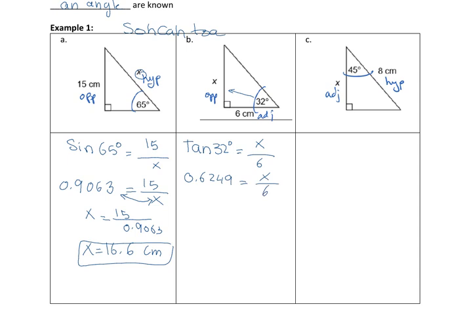Multiply, right? Because basically I want to isolate for x. I have division by 6. To get rid of that division by 6, I have to multiply by 6. Okay? Opposite operation. So that's going to be 0.6249 multiplied by 6. What does that do?